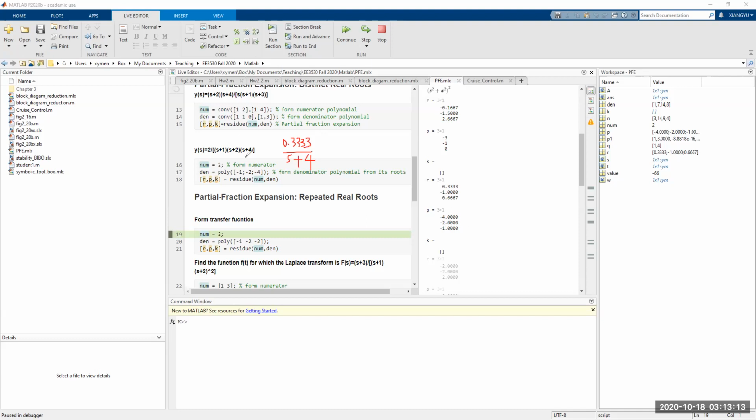Then for s plus 2, we have minus 1. Then for s plus 1, we have 0.6667.